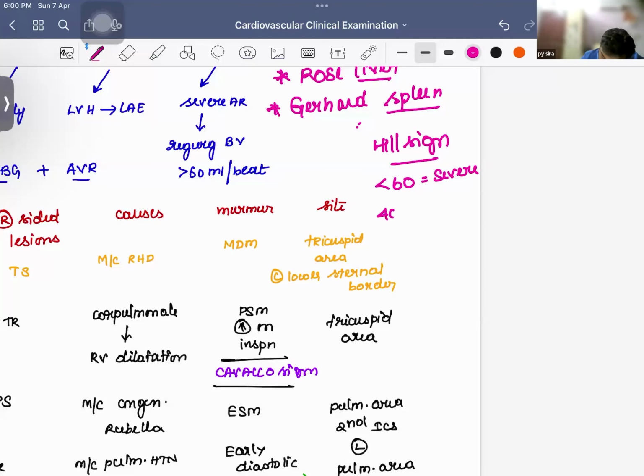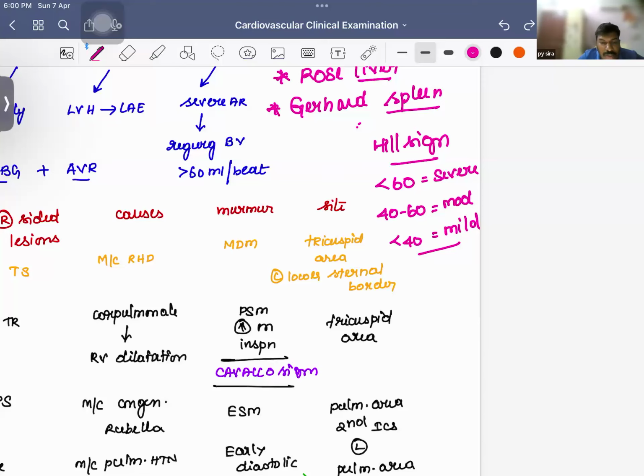Whenever it is 40 to 60, it is moderate. Whenever it is less than 40, it is mild. Okay, so this is called Hill sign. Very, very important sign.